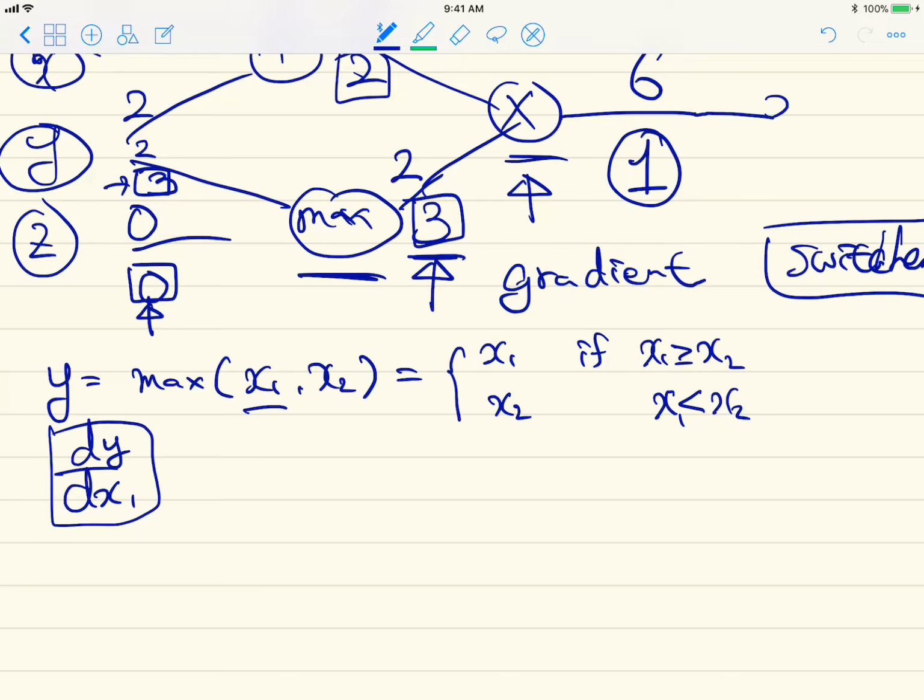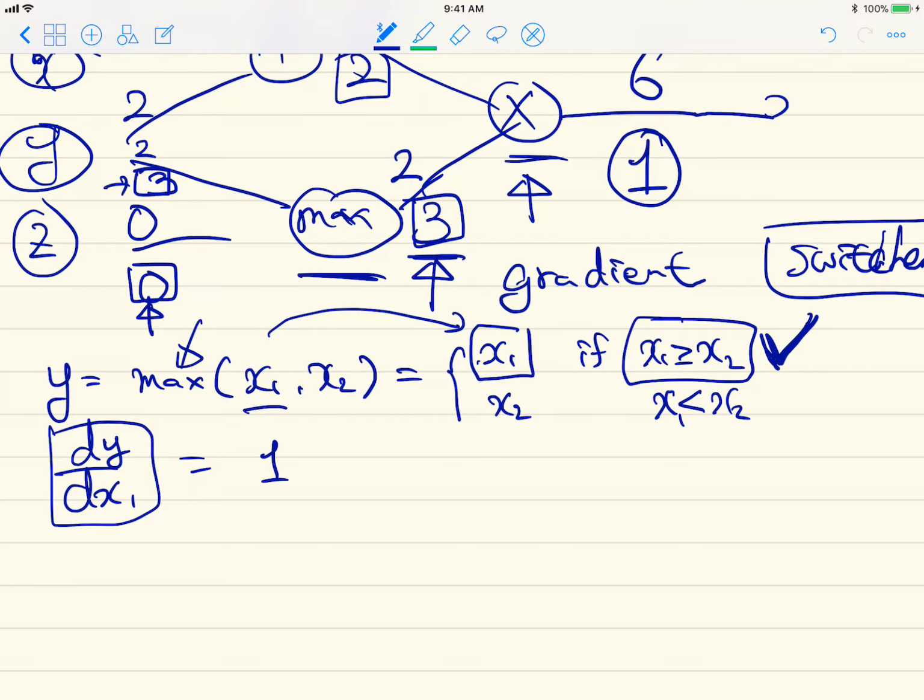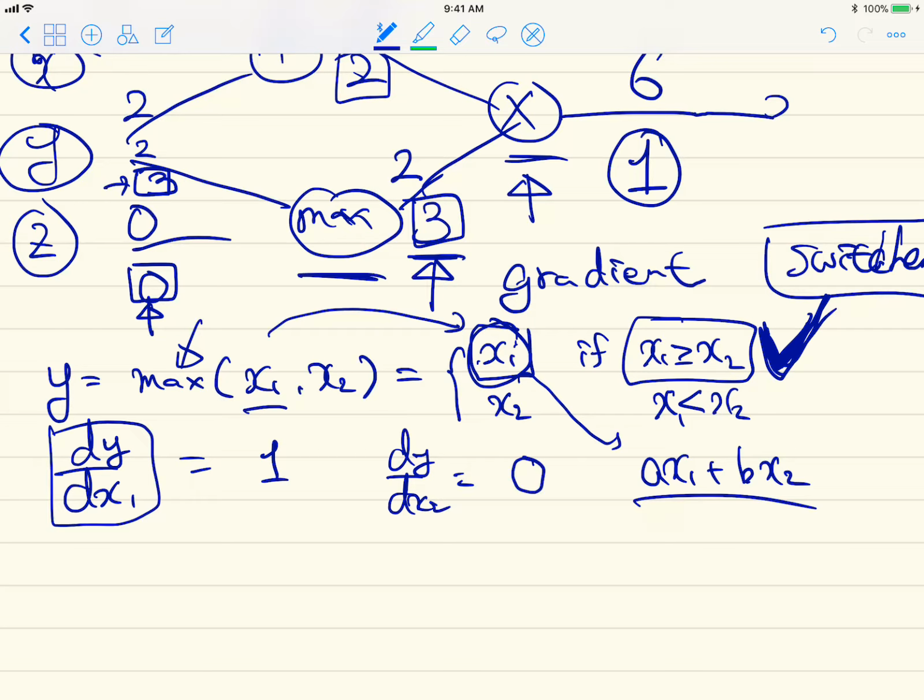If this condition is satisfied, our function, although it looks complicated, is nothing but just x1. So we are doing the partial derivative and the gradient will be 1. And then dy over dx2 will be 0, because in this case it can be viewed as a x1 plus maybe b x2, for example. So what is the partial derivative with respect to x1?